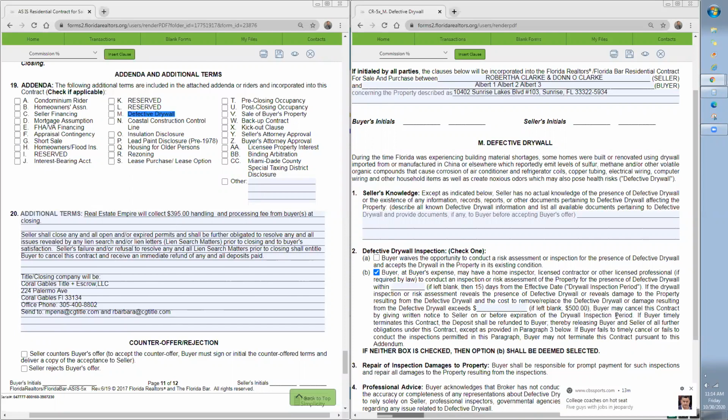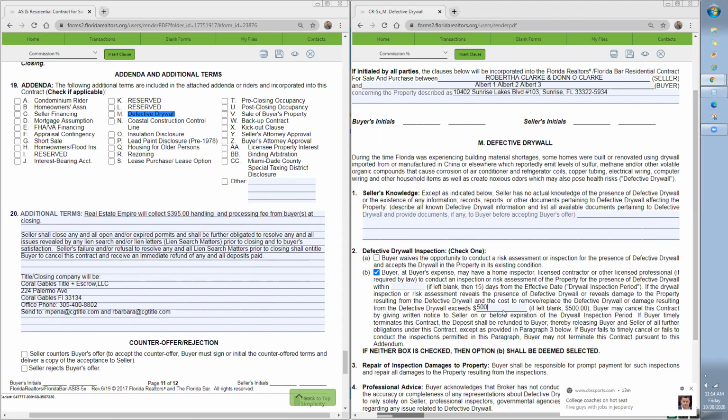Meaning, if we have 10 days to do a drywall inspection, and the inspector comes in and does the inspection and says, okay, look, the whole house doesn't have it, but this side of the house does have it, this wall. You're going to have to remove this wall and put up new drywall, and this is going to cost you $2,000.